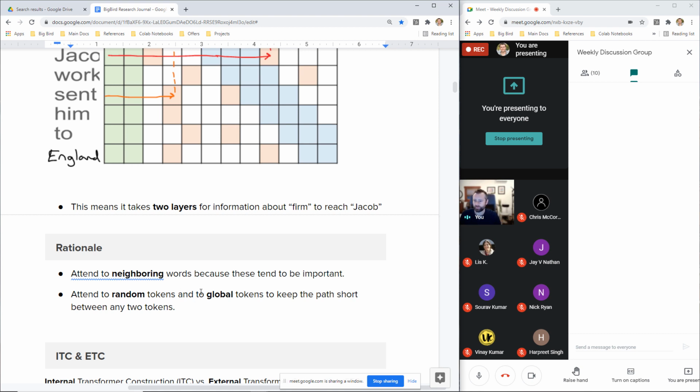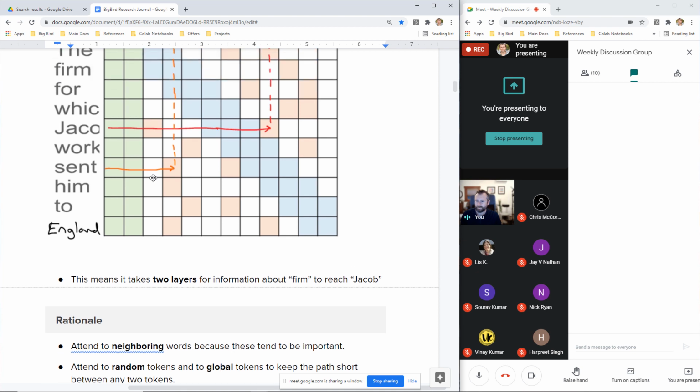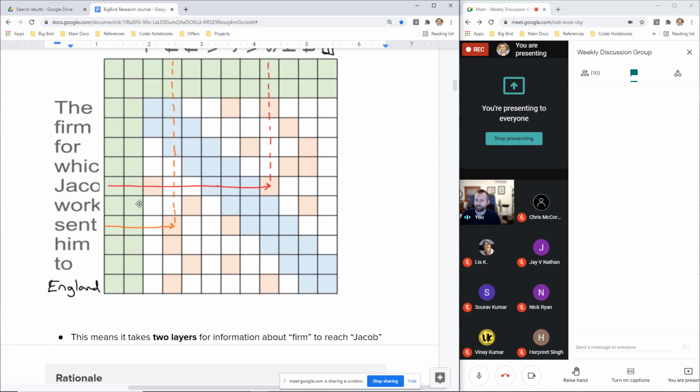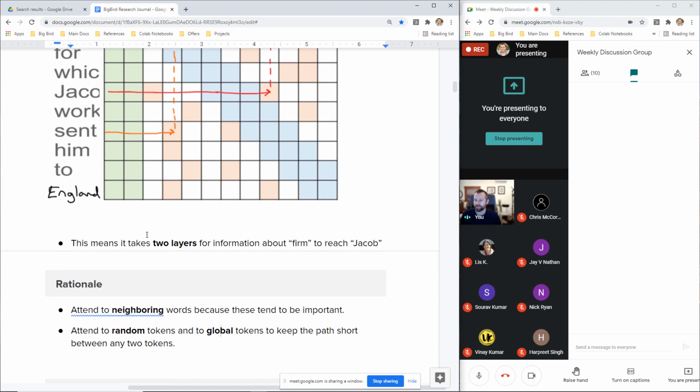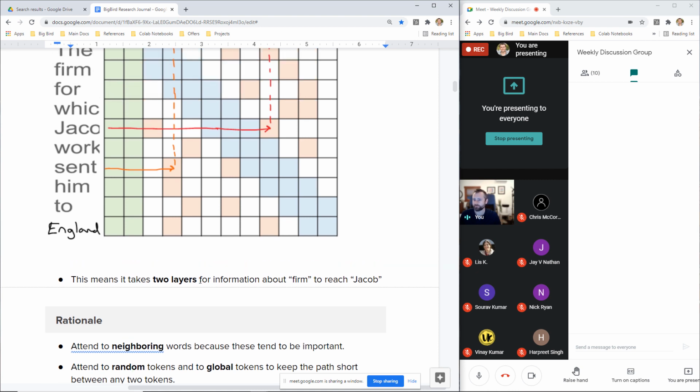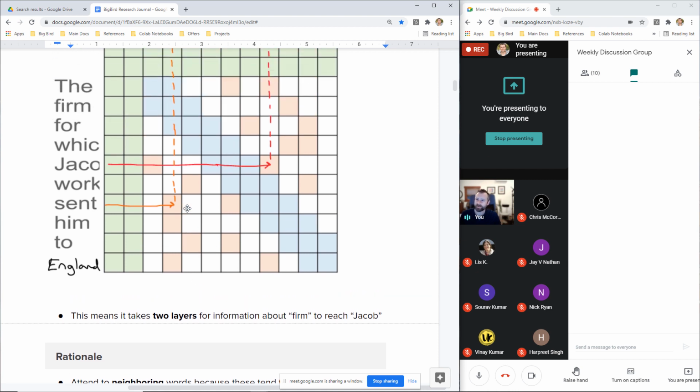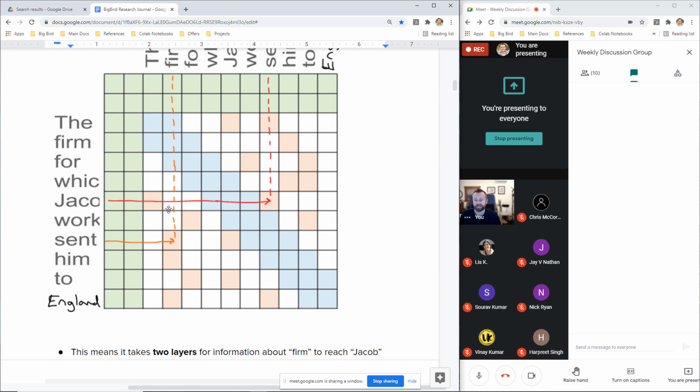The global tokens are maybe oversaturated since they attend to everything, but they are a short path between any 2 tokens. And then the random tokens are an additional path that are less saturated.